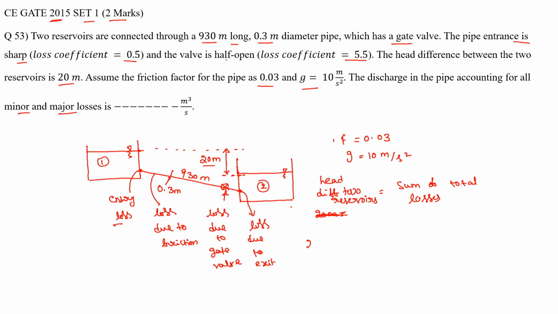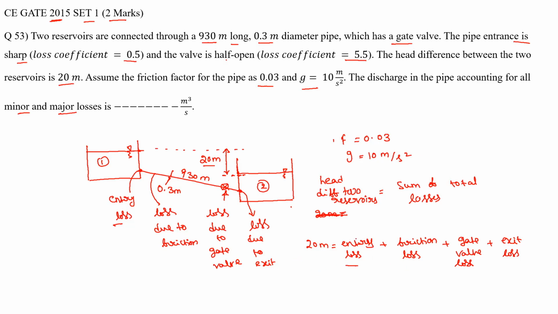Okay, so 20 meters equals entry loss plus friction loss plus gate valve loss plus exit loss. Okay, these are the total losses.